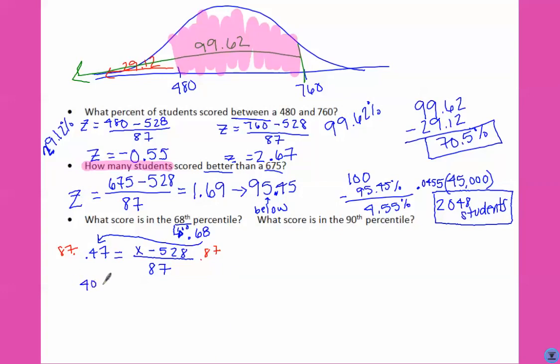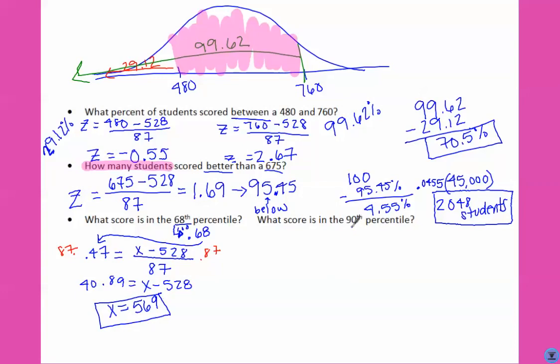We get that 40.89 equals x minus 528. Add this to the other side. And because it's an SAT score, we're going to round to a whole number of 569. So someone who scored in the 68th percentile got approximately a 569 on their SAT.